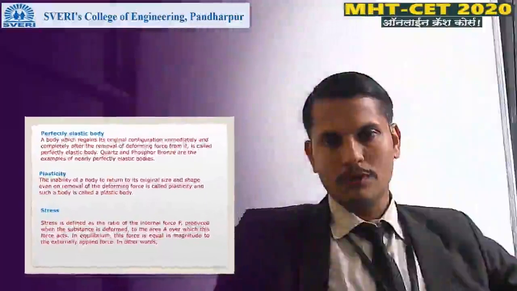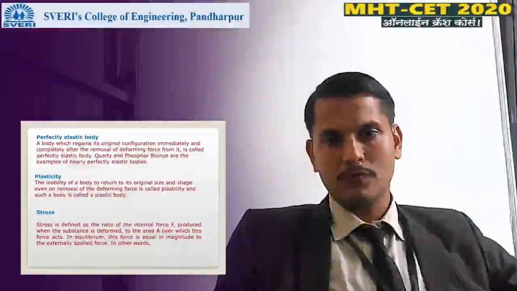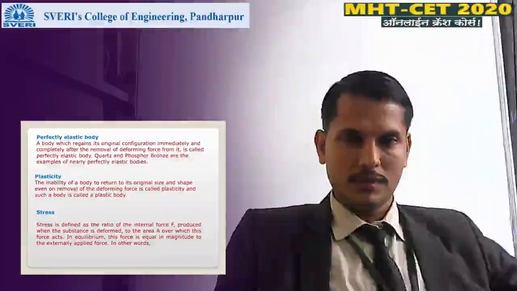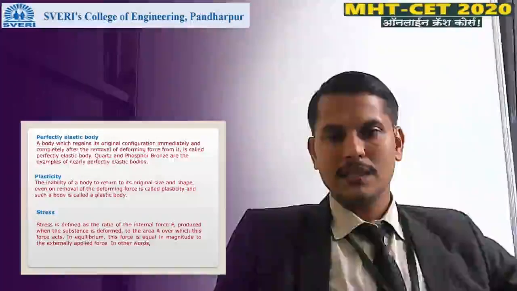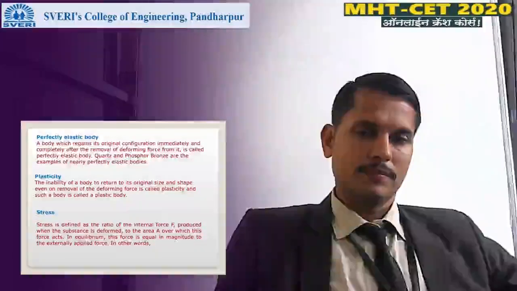Perfectly elastic body means what? A body which regains its original configuration immediately and completely after the removal of deforming force from it is called a perfectly elastic body. For example, it is given quartz, phosphor, bronze are the example of nearly perfectly elastic bodies.